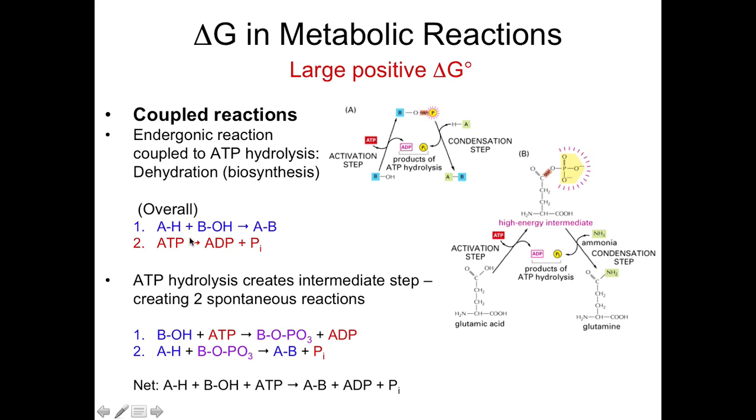And while A plus B to AB is non-spontaneous, A plus B phosphate is spontaneous. Okay? Just like B plus ATP is also spontaneous. But the end result is the same. Okay? The end result is you end up with AB and you end up with ADP and inorganic phosphate. Because when you add A to B phosphate, you're removing the phosphate from the activated B.